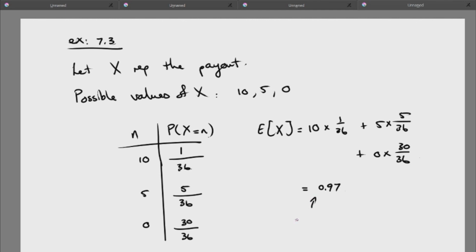This is the long-term average payout per game if the games are many, many, many. It only stabilizes over many times. If I host the game once to one person, I might have to pay $10.